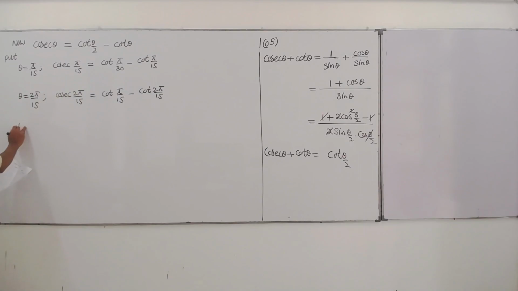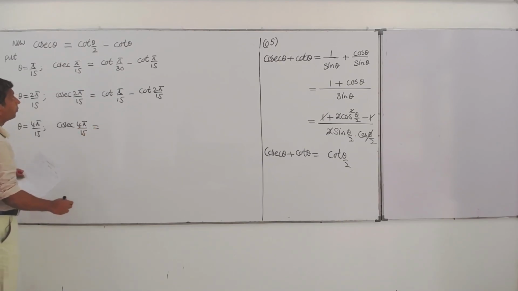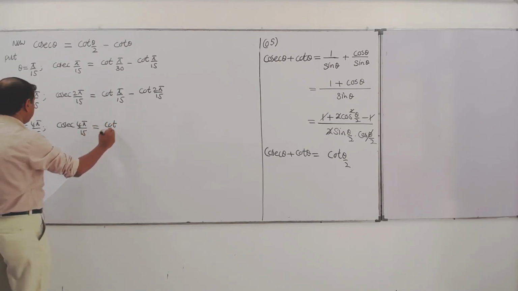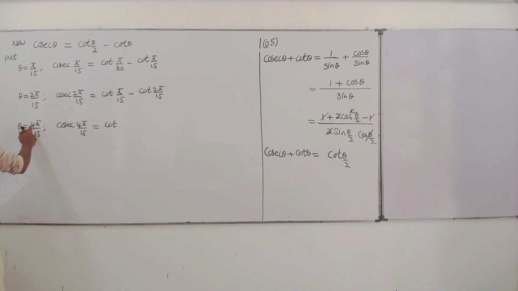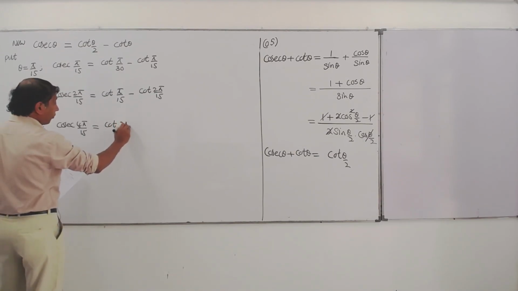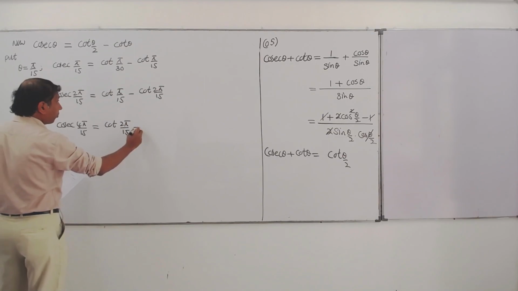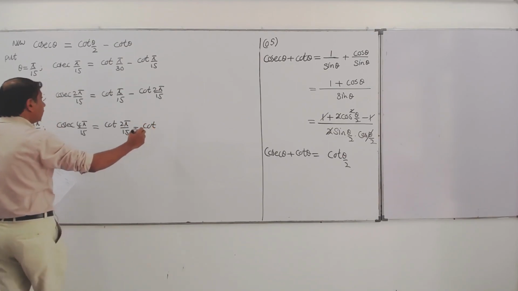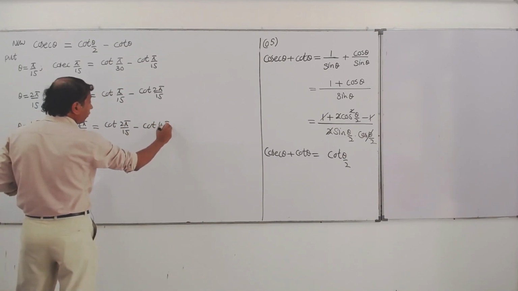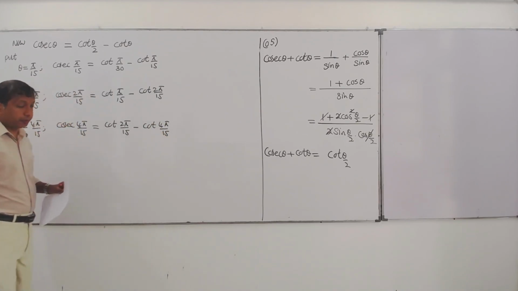Secondly, I put theta 4 pi by 15. We get on the left hand side cosec 4 pi by 15 equals cot 2 pi by 15, minus cot 4 pi by 15. Correct.